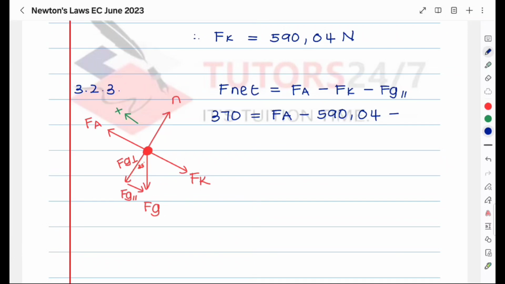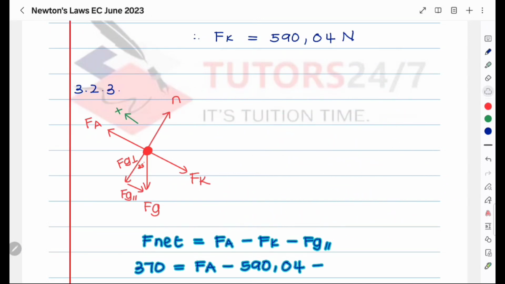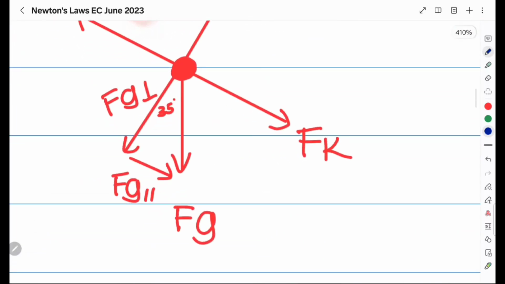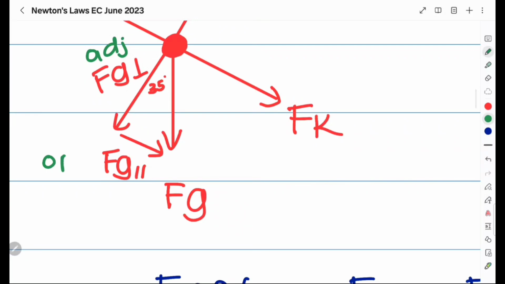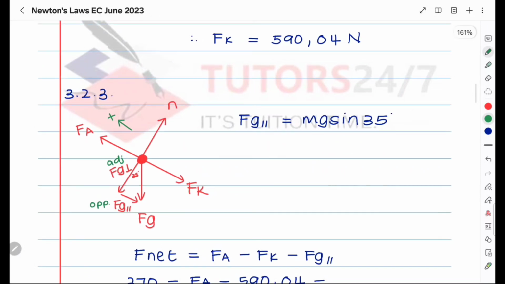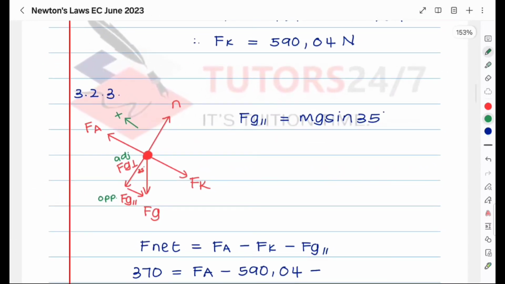So before we do anything, let us first go and find Fg parallel. So what I'm going to do is just move this to the bottom so we can go and find Fg parallel. So Fg parallel is equal to mg sine of 35 degrees. The reason we are using sine is because, as you can see, Fg perpendicular is adjacent to the angle of 35 and Fg parallel is opposite to the angle of 35, and sine is the ratio that has opposite in it.